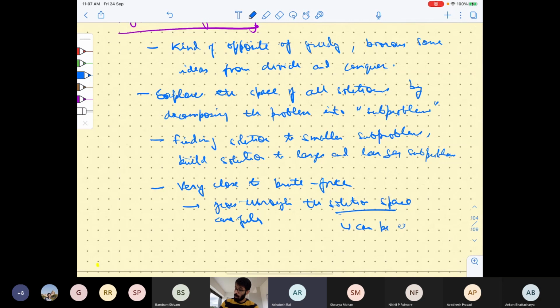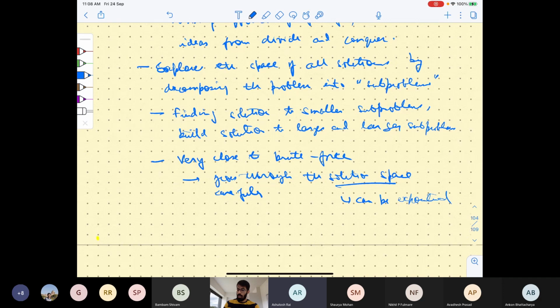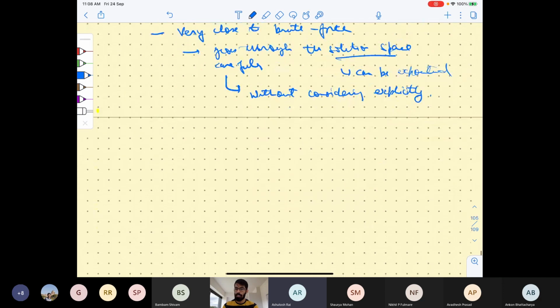So we'll see an example. It goes through the solution space without considering the points explicitly. So all the points in the solution space are not considered explicitly. That is why, even though the solution space can be exponential, this strategy will work in polynomial time.